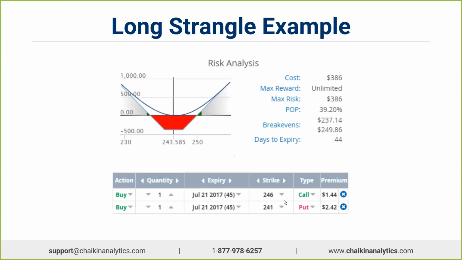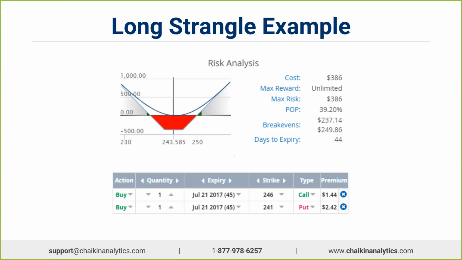The other one I set up both at 243 or 244. This one I went a couple strikes higher, a couple strikes lower. Our cost is lower because we're not at the money. Out of the money costs less. Our probability is also a little less, because we need a bigger move than even the straddle. The straddle costs more, but doesn't require us to move as far.